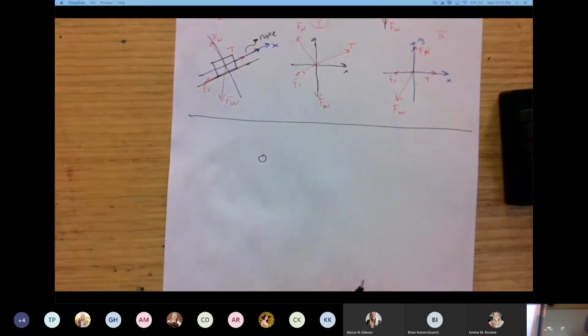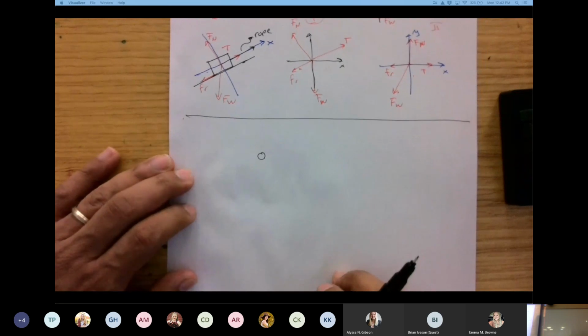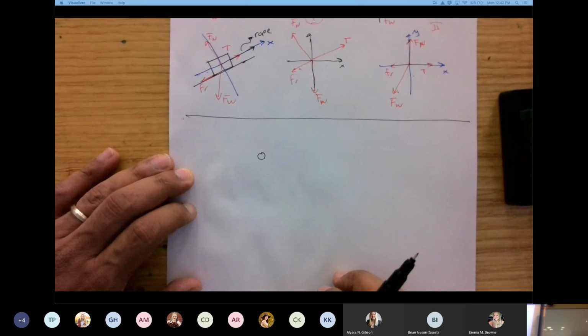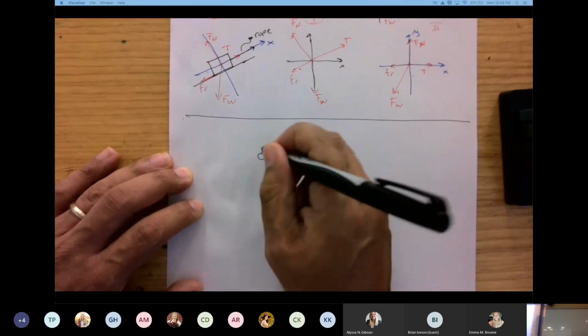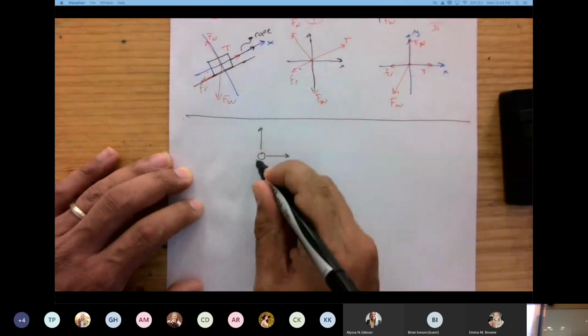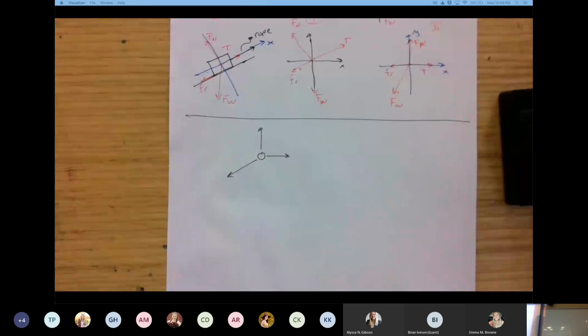So you're looking at the head of the kid, and he is being bullied by 3 mean kids and is being pulled by the 3 mean kids. One of them is pulling in this direction, one of them is pulling in that direction, and another one is pulling in that direction.